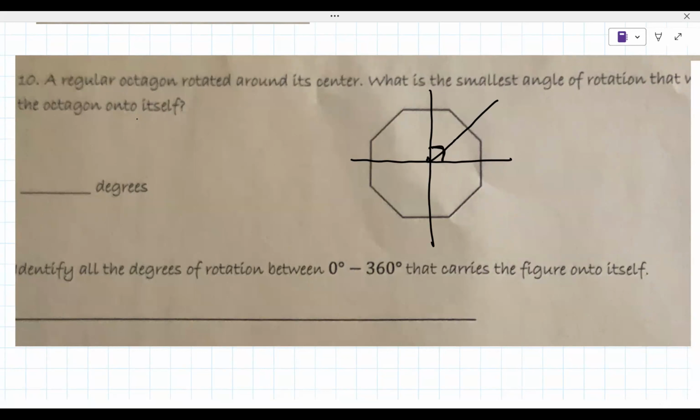It's also based on the number of sides, I believe. Like 360 degrees divided by 8 sides gets you to, I think, 45 degrees, which is this angle here.